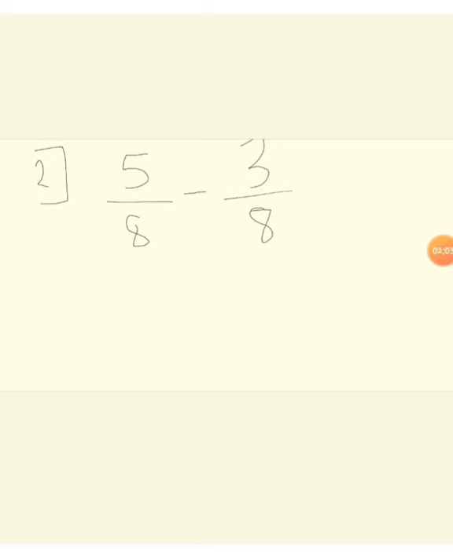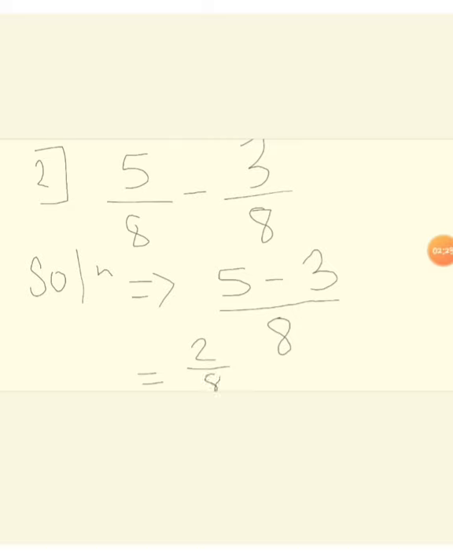Here also you can observe that the denominator is common, so we will write the common denominator only one time, and we are going to subtract the numerators, 5 minus 3, and 5 minus 3 is equal to 2 upon 8. So 2 upon 8 is our answer.